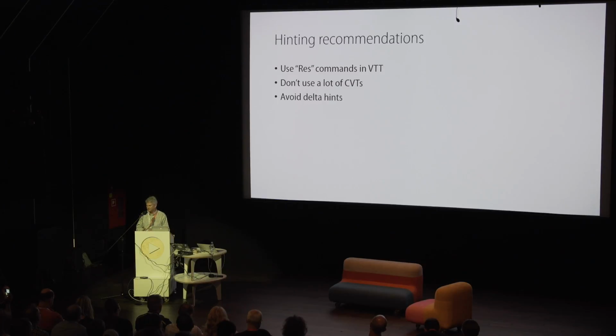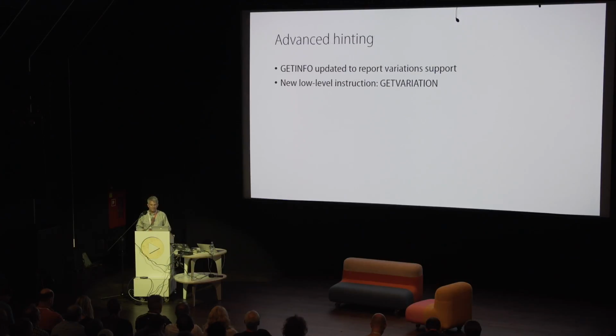And avoid delta hints. A delta hint is specifying a very specific X or Y adjustment that's going to apply across the entire variation space. That probably does not make sense. So don't use delta hints. If you're someone that does advanced hinting, working directly with the TrueType instructions, as Behdad mentioned, there are a couple of instructions here.